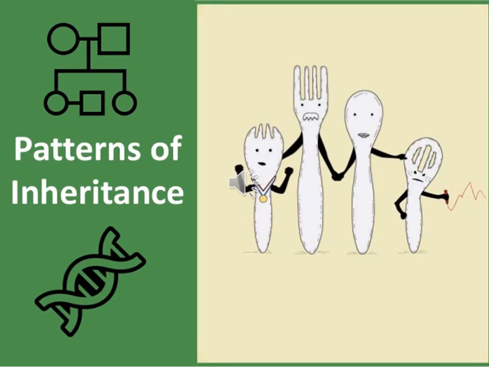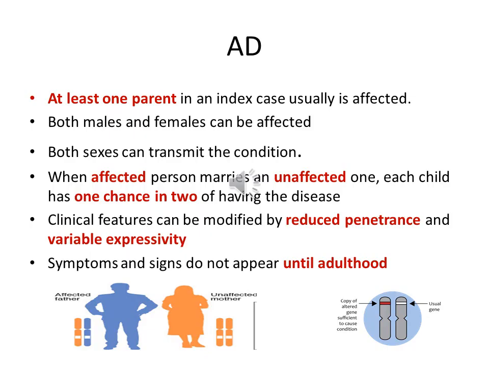As I said before, three patterns of Mendelian inheritance exist: autosomal dominant, autosomal recessive, and X-linked. Autosomal dominance is a pattern of inheritance characteristic of some genetic diseases. Autosomal means that the gene in question is located on non-sex chromosomes.